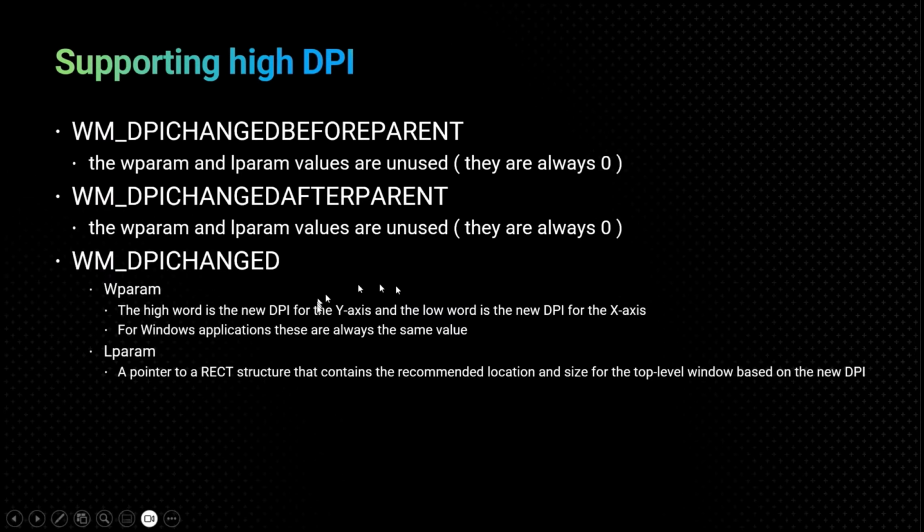For the WParam, in other words, the WParam is a long, you split it in half. The top half, the high word, is the y-axis DPI, and the low half, the low word, is the x-axis DPI. Now for Windows, which is where we're at, those 2 values are always the same. You don't have a different DPI setting on different axes on Windows.